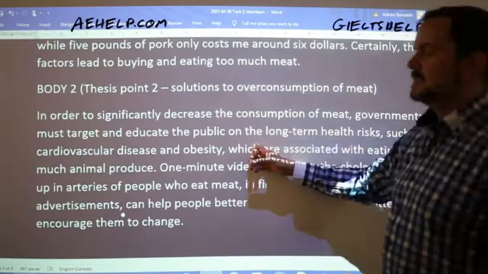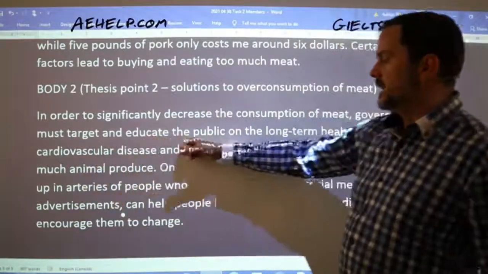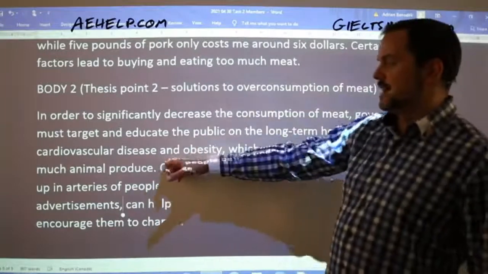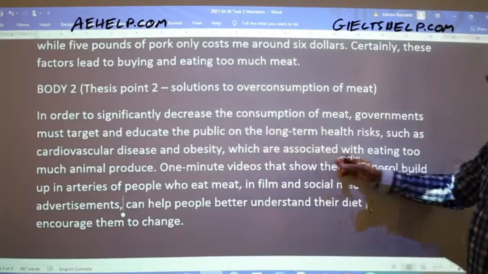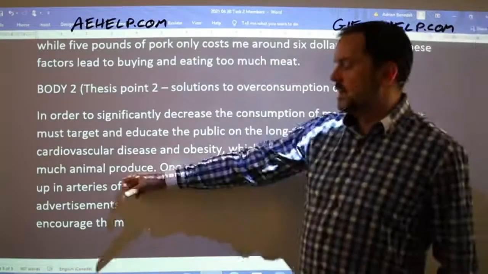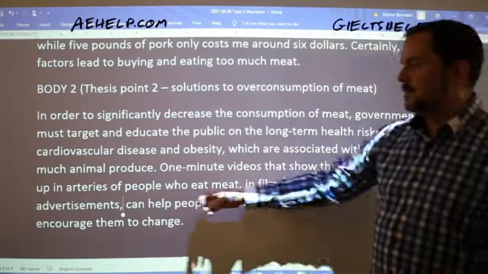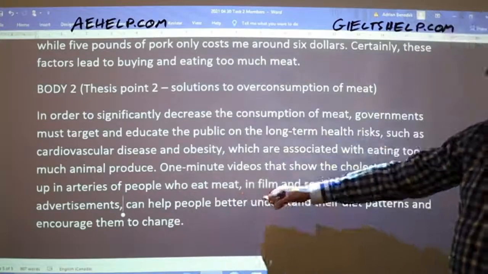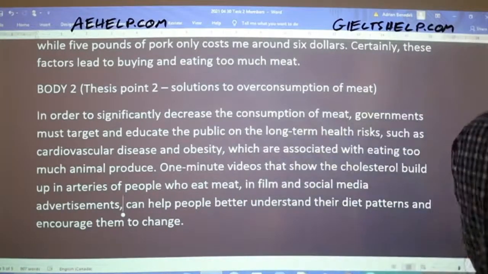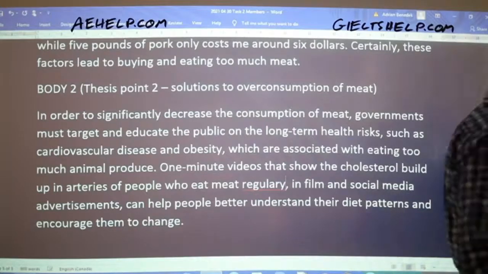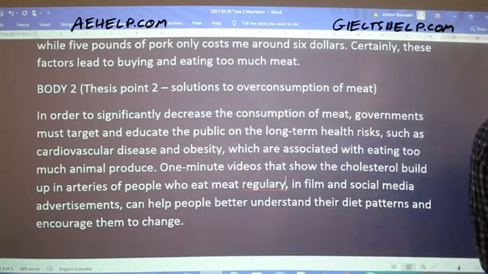So instead of simply saying public awareness, we're saying educate the public on long-term health risks, such as cardiovascular disease and obesity, which are associated with eating too much animal produce. 1-minute videos that show the cholesterol buildup in arteries of people who eat meat regularly in film and social media advertisements can help people better understand their diet patterns and encourage them to change.